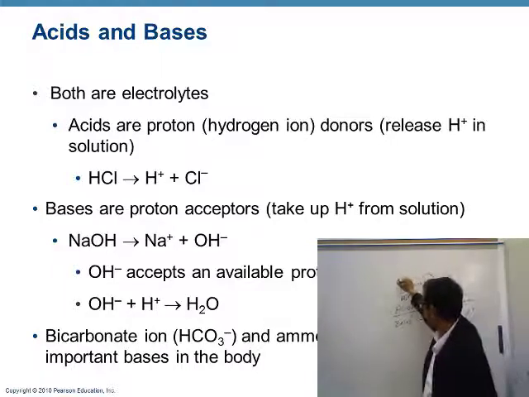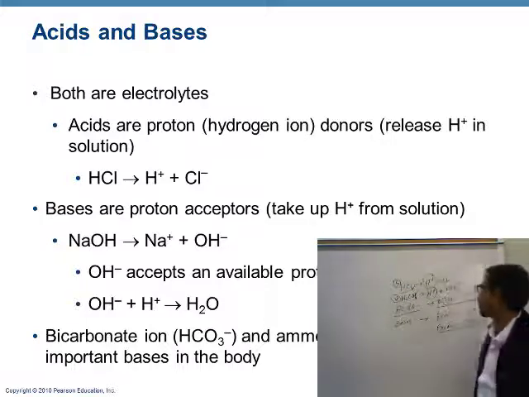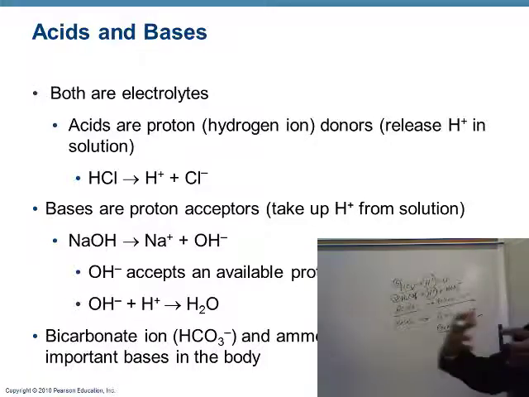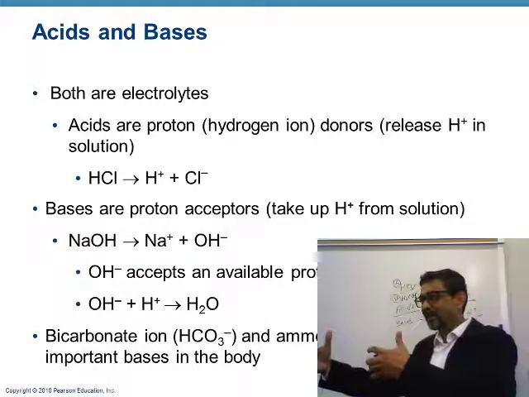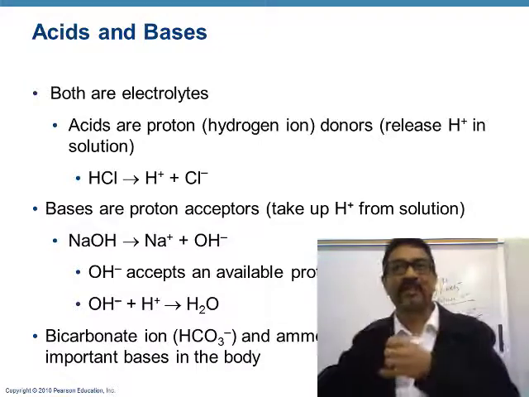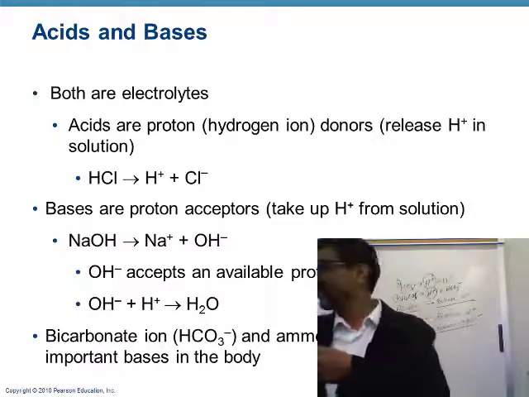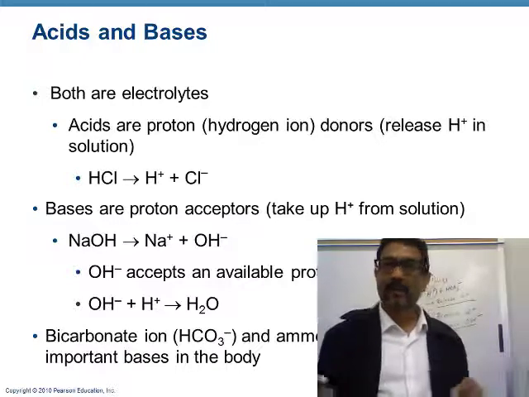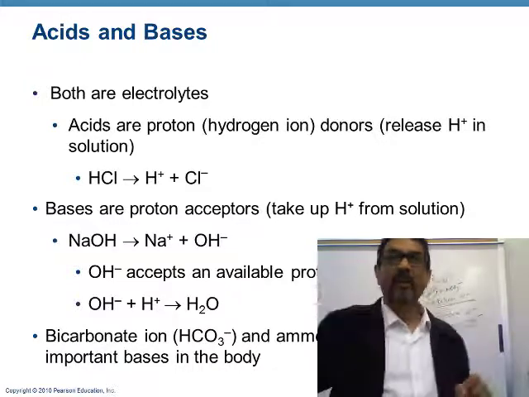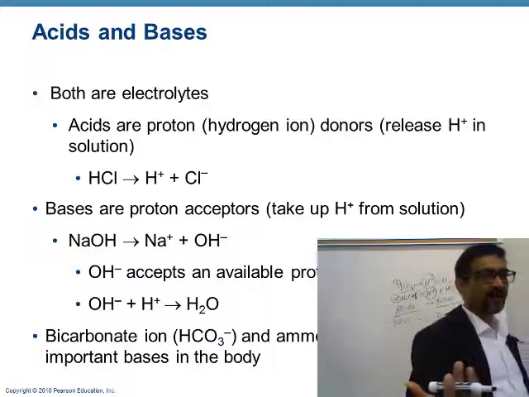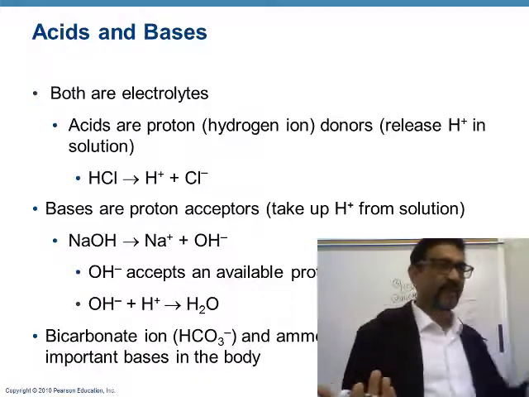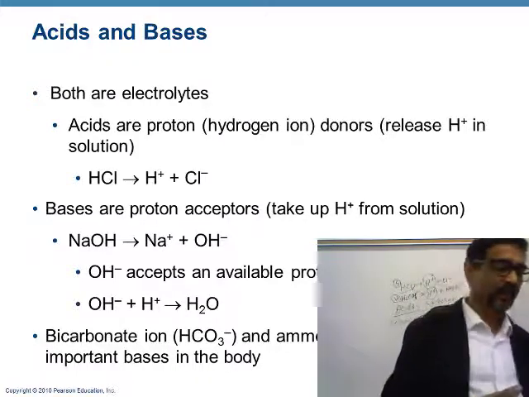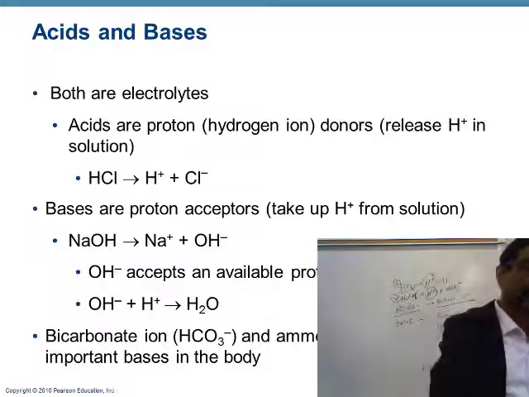So this is stronger, this is weaker acid. Okay, so that's how the strength of acid is determined. How quickly, how fast, how many hydrogen is being released. Is it clear? So the one releases more, that one is strong. Make sense? So that's how we decide which one is stronger, which one is weak acid.